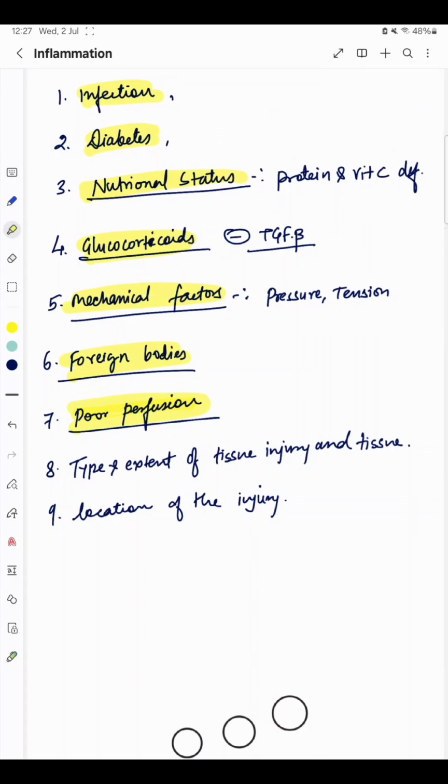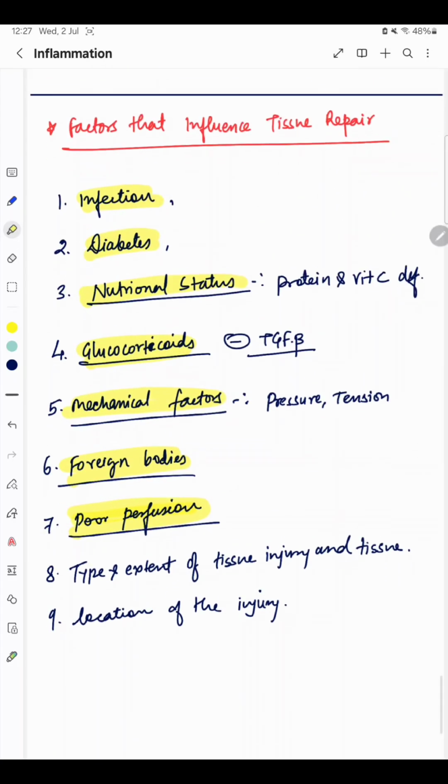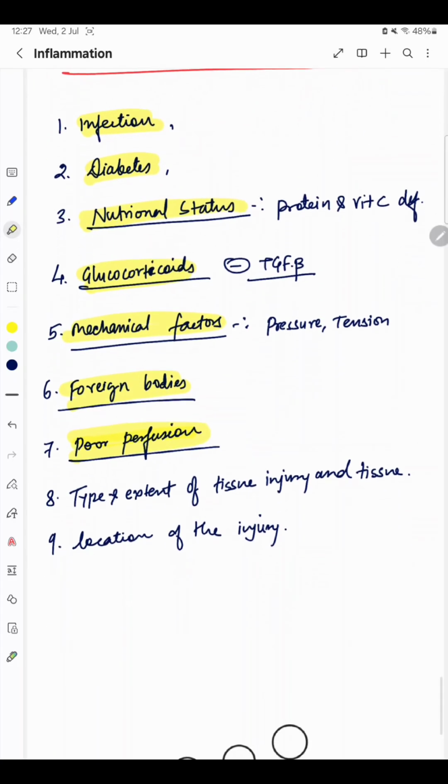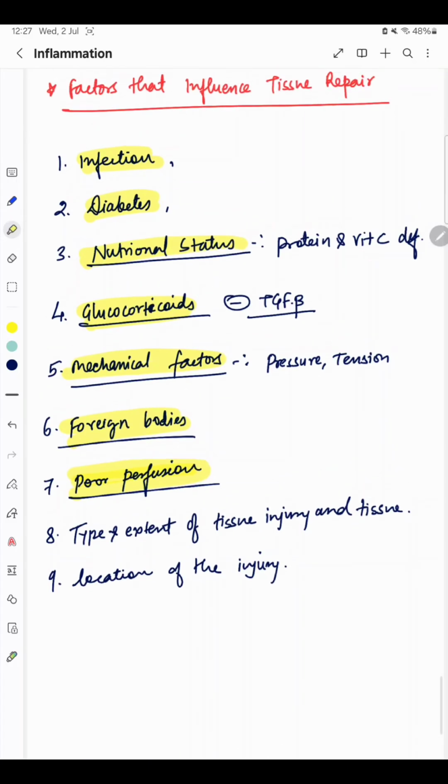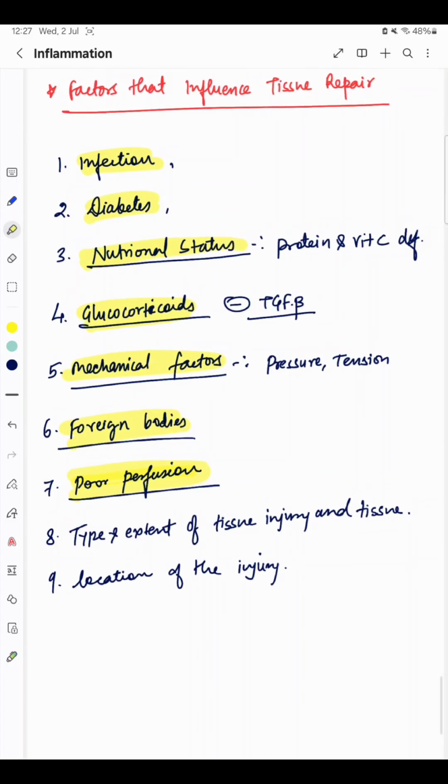On the basis of their capacity to regenerate, the tissue repair will occur. This is also based on the type of tissue injury. If there is a severe tissue injury, this will also result in delayed healing or healing by scar formation. Location of the injury may also play an important role in tissue repair.